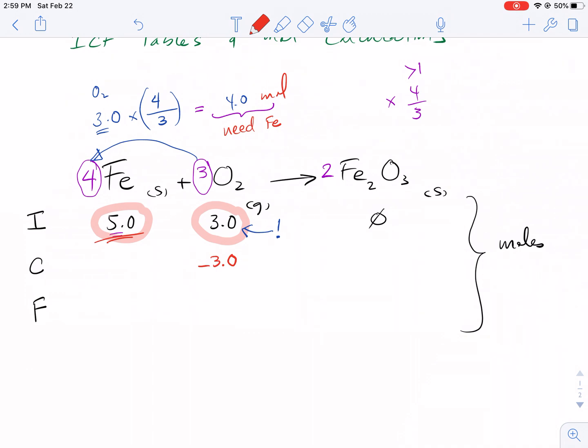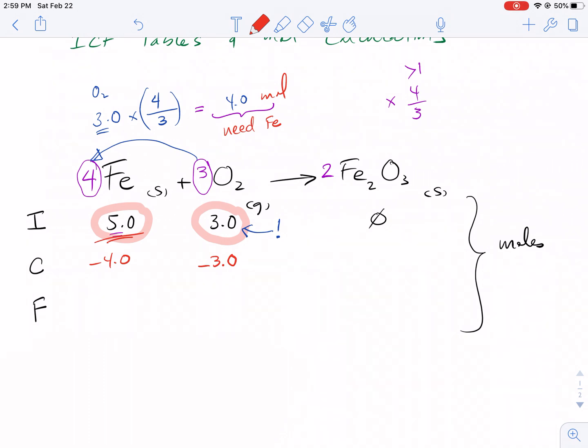Negative for reactants, positive for products. And these are moles reacted or moles produced. So -3.0 moles of oxygen, because you have all of your oxygen reacted, that's the limiting reactant. And we just calculated -4 moles of iron.